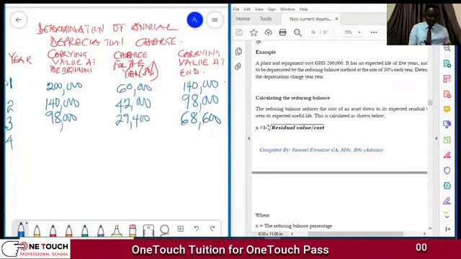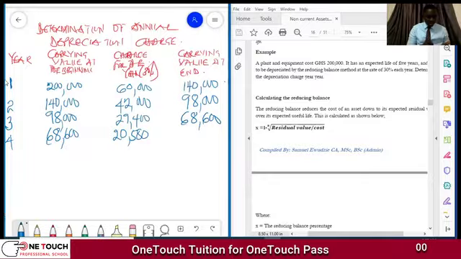So that is year four, 68,600 times 30%. That is 20,580.